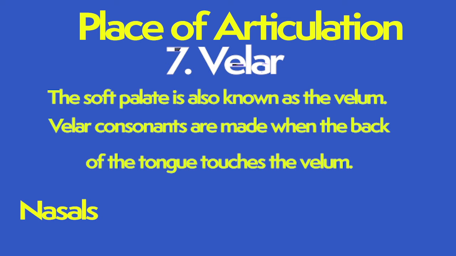Can you guess which one? Remember, there are 3 nasals, m, n, ng. Now say m, n, ng again, this time being mindful of which nasal consonant is generated by your tongue touching your velum. The answer is ng.